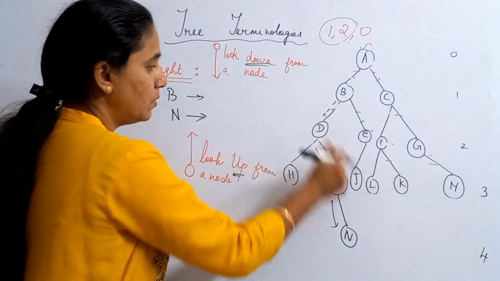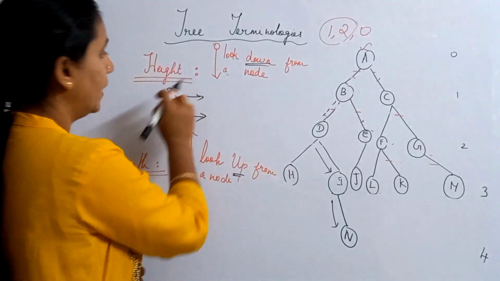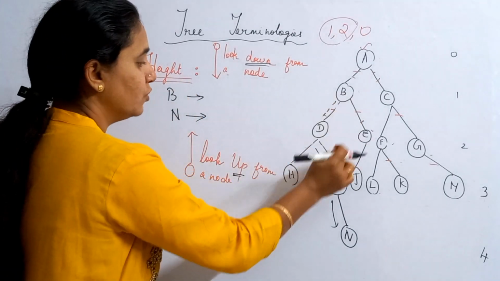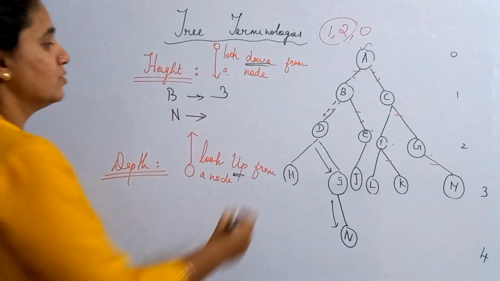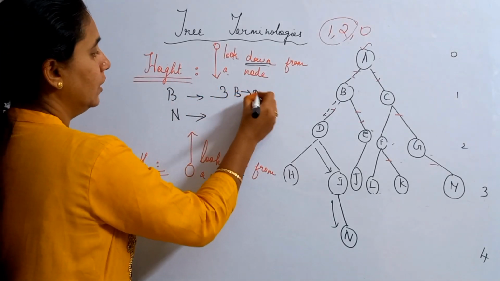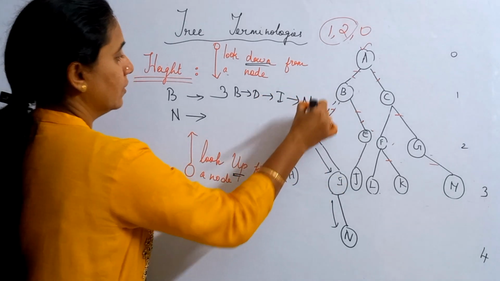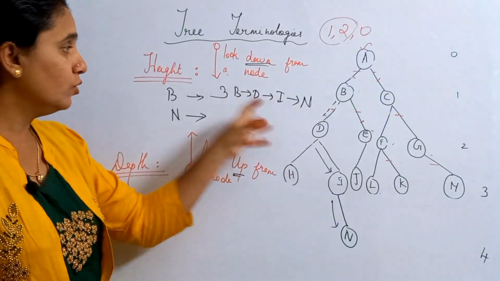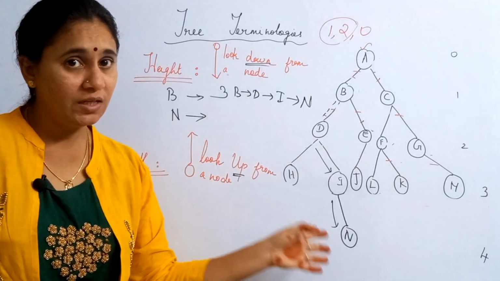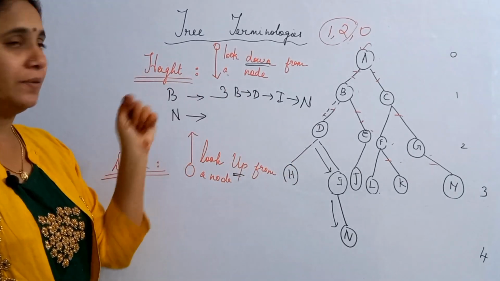The maximum edge among all these connections is called the height of B. So 1, 2 and 3. So height is 3, that is B to D, then D to I and I to N. You should take the maximum connectivity line. So for B it is 3, right?